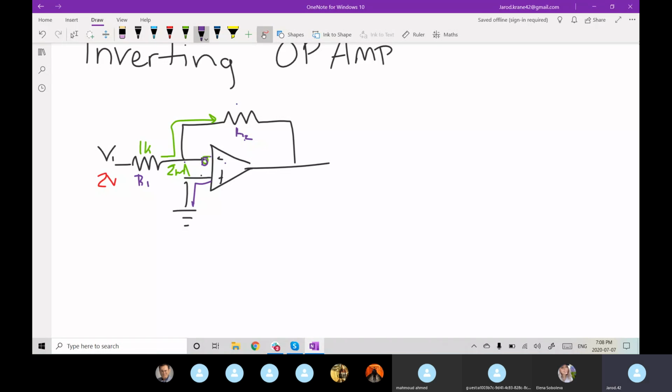And it's not going to be something predictable enough that we can just make it a constant and say it's not a problem. So the fact that it is high impedance and no current allowed to flow really benefits the inverting op-amp configuration.